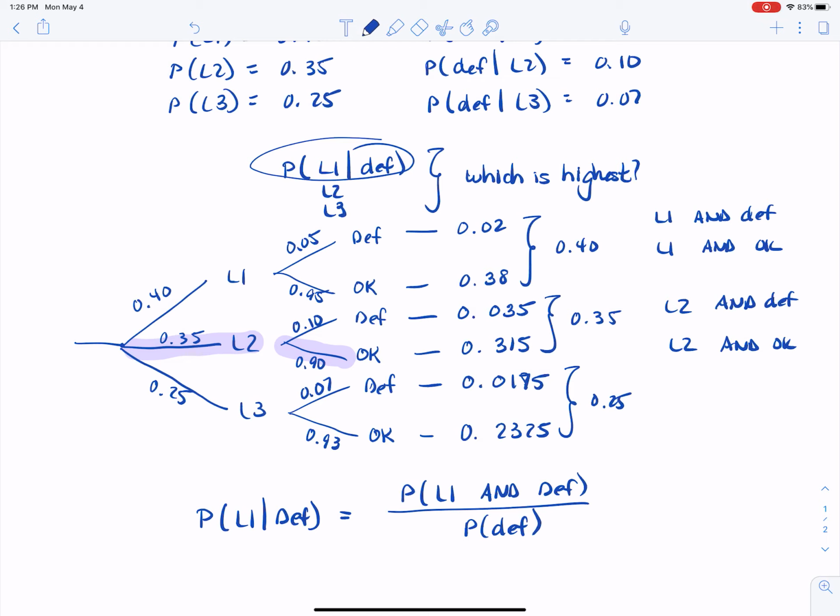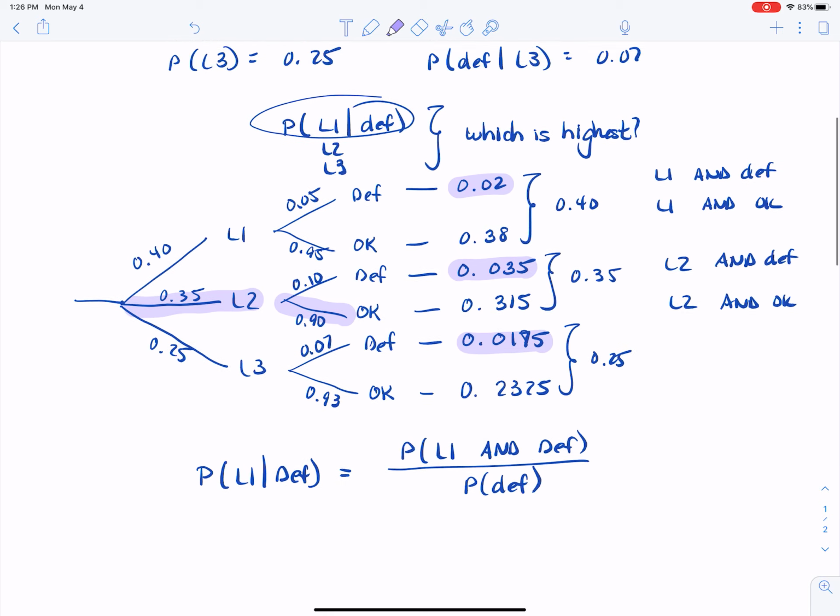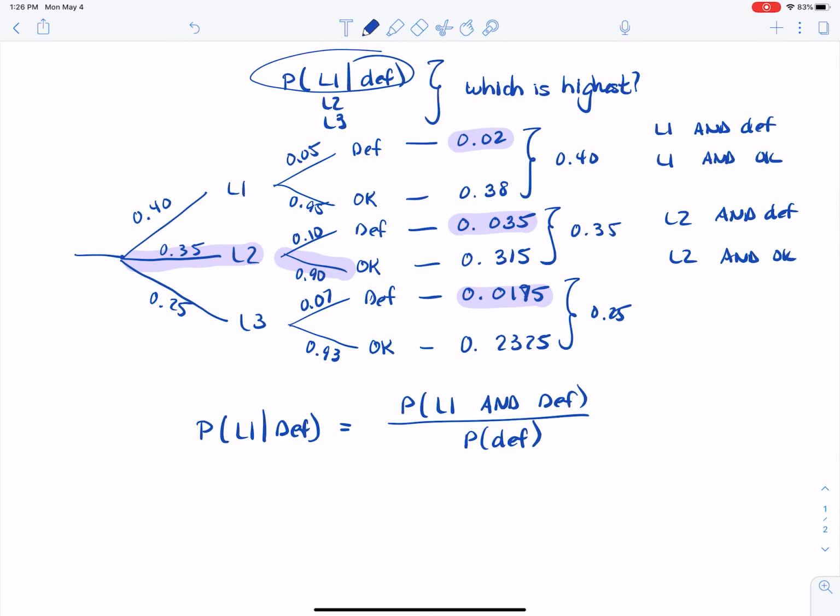Now remember that these 6 outcomes on the right make up the entire sample space for this experiment, because we're looking at 2 things: where did it come from, and is it defective? So for the probability of being defective, we only have to look at these 3 terms right here. The beautiful thing is, this makes it easier to figure out which line is most responsible for a defective item.